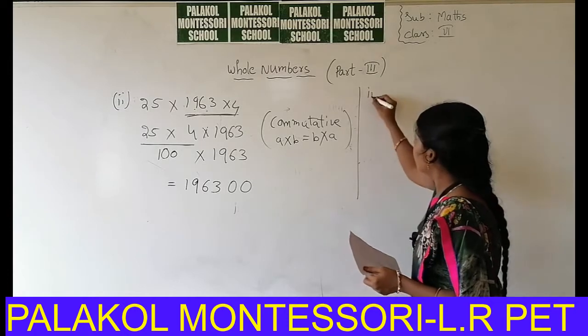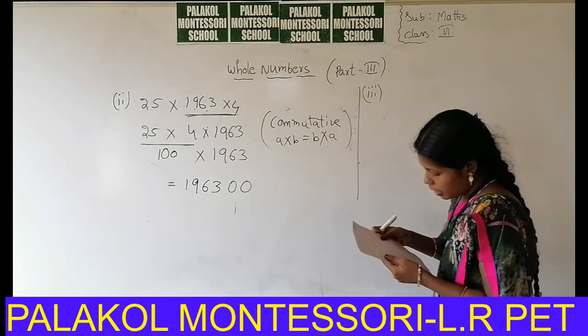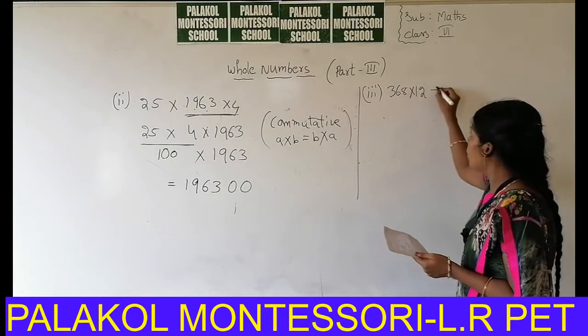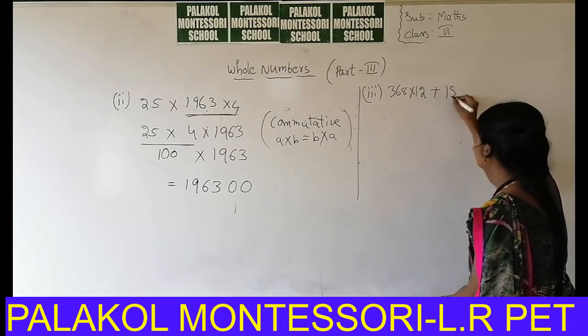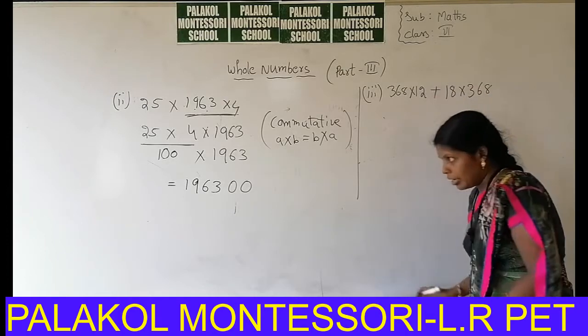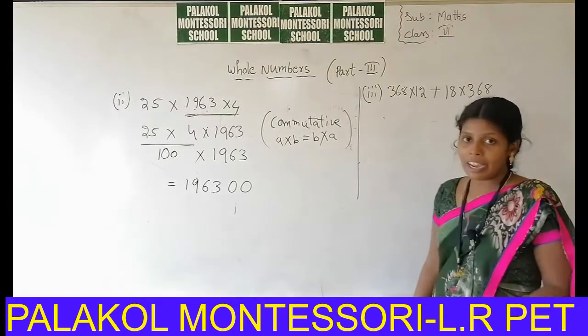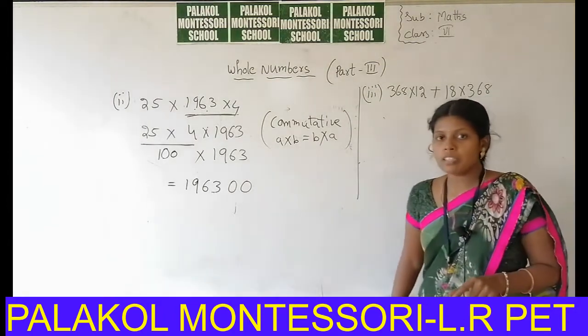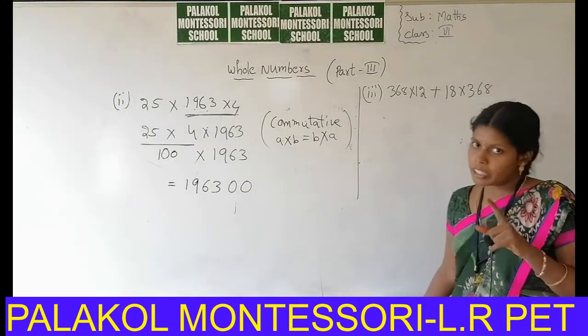Third one: 368 into 12 plus 18 into 368. In the beginning of this session, I explained the properties of whole numbers. Among those properties, the distributive property is also there.